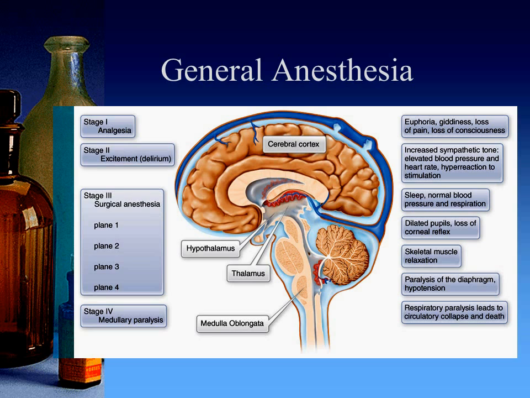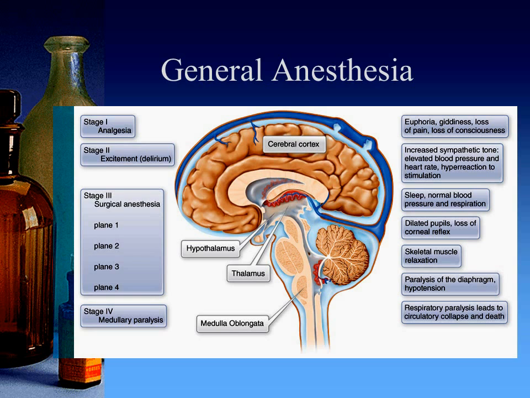Now, once that cerebral cortex is fully depressed, the brain will then enter into stage 2 of general anesthesia. That happens when the hypothalamus really starts controlling body functions. It's called the excitement phase because the cortex is depressed and the hypothalamus is picking up, and therefore we get an increase in that sympathetic, fight or flight nervous response.